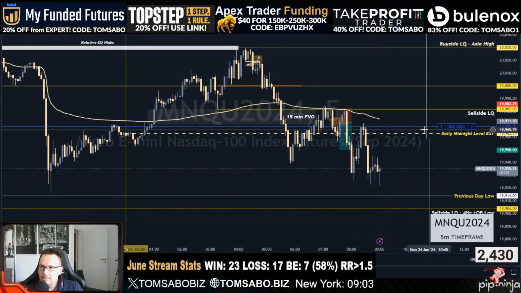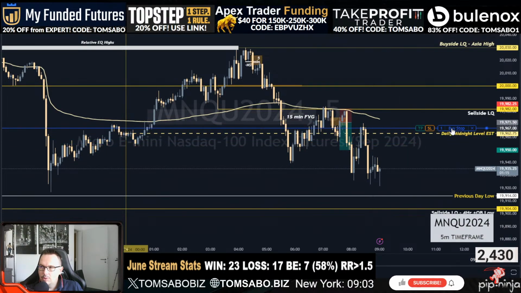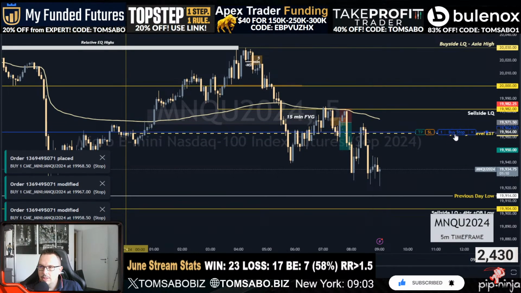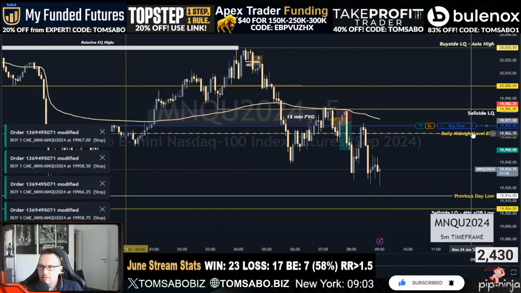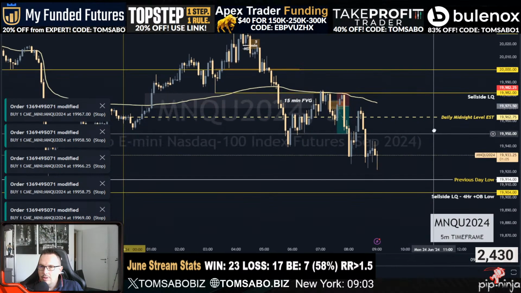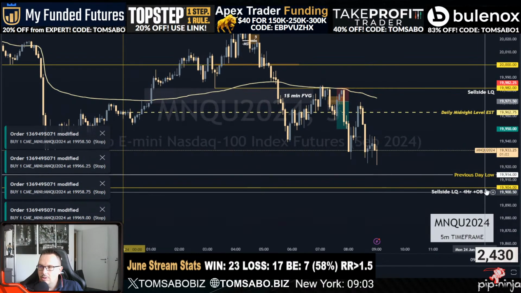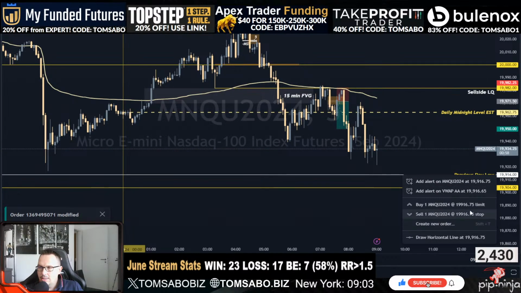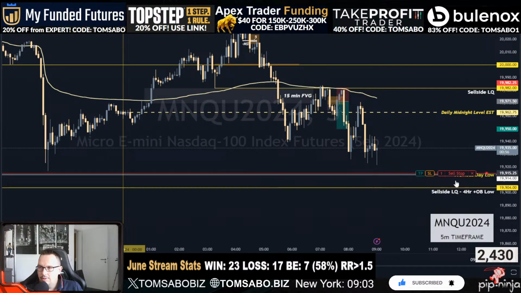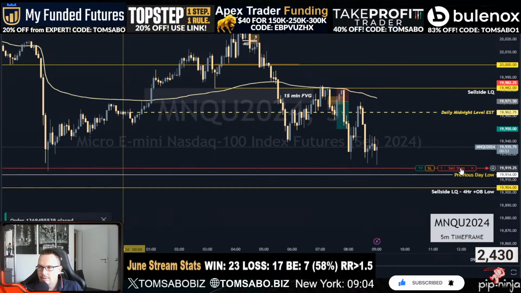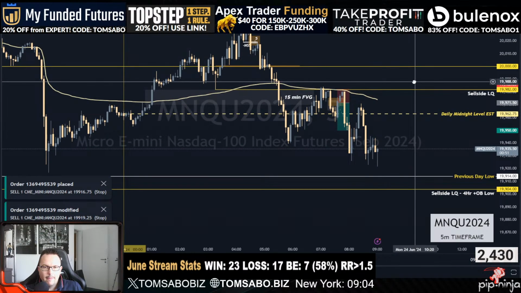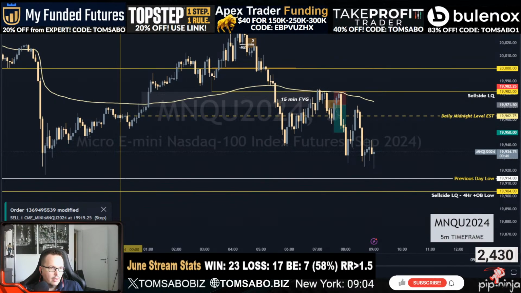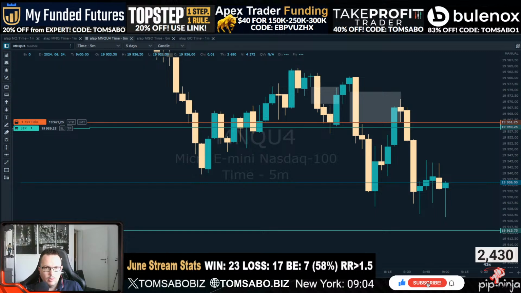It puts in a buy stop, and you can move it wherever you want with one contract in this case. It's a paper trading account right now for me, but it's the same with Tradeify, right? So if you are in a buy, obviously you go down below the price and put on a sell stop right there. You can move it wherever you want. That's it. That's the way.